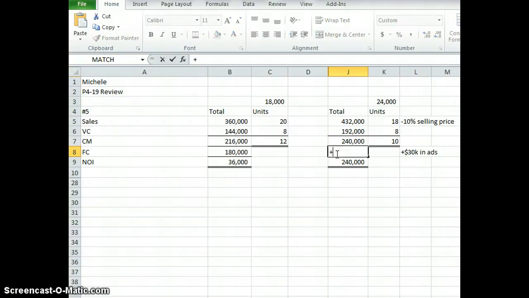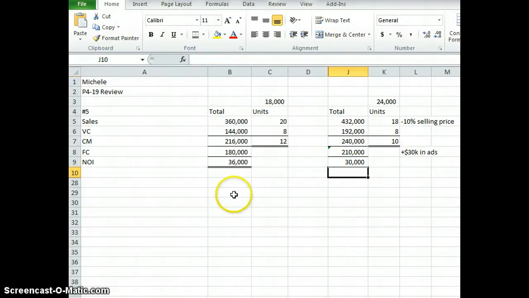Our fixed costs are now the original 180,000 plus advertising expenses of 30,000, or 210,000, and if we spend $210,000 on fixed cost, we're left with a net operating income of $30,000.